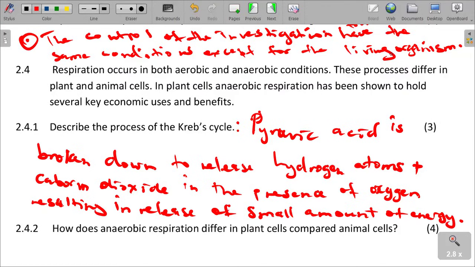That's the Krebs cycle. It actually identifies the breaking down of pyruvic acid to release hydrogen atoms and carbon dioxide in the presence of oxygen. That is what you need to understand in this respect.